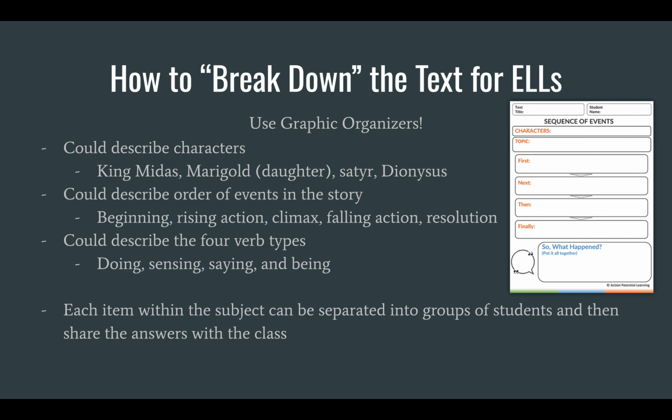So maybe they are learning about sequencing. So you could do beginning, rising action, climax, falling action, and resolution. Or we could do what we talked about with history texts and describe the 4 verb types. So look for doing verbs, sensing verbs, saying verbs, and being verbs, to really break down what is all being said.